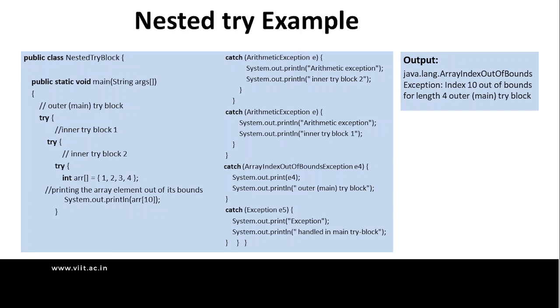So many inner tries you can write, and for every such try we must have an exception handler. For the innermost try we have arithmetic exception, then next to it again arithmetic exception, then next we can have array index out of bound exception, and at last we can have the general or parent exception. In this case, array index out of bound exception will occur and the statement printing 10 will get printed.